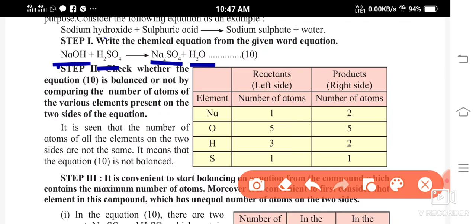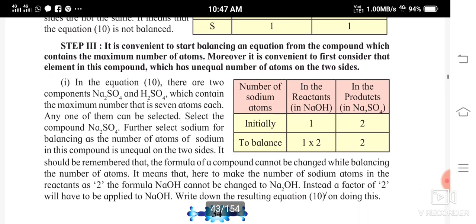So here on the left hand side, which is the compound containing the highest number of atoms? On the left hand side it is sulfuric acid, and on the right hand side it is sodium sulfate. Any one of them can be selected.